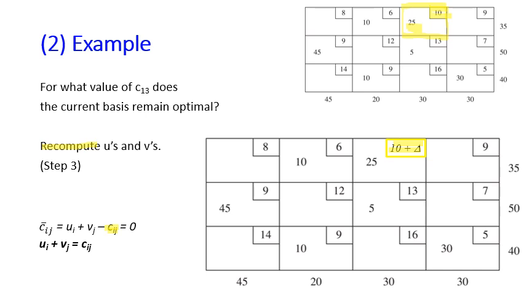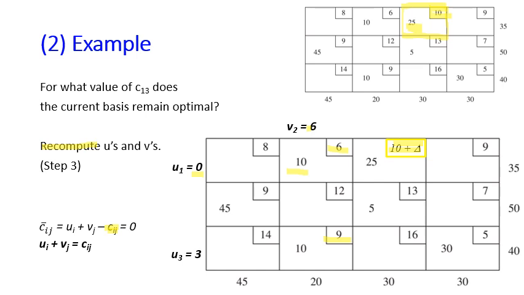As always, start with u1 equals 0. And then from here, use the basic variable as usual. So now you can say that v2 equals 6 because 0 plus 6 equals 6. And then from here, you can calculate u3, which equals 3 because 6 plus 3 equals 9.